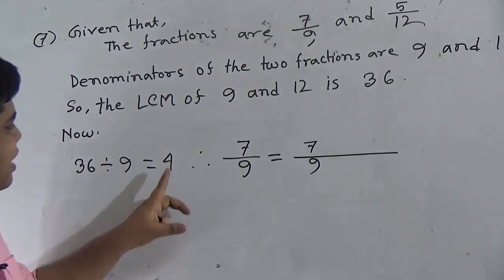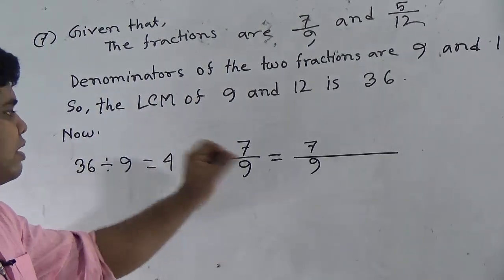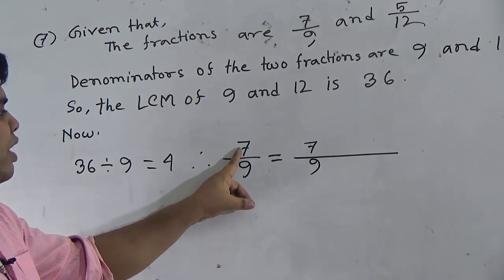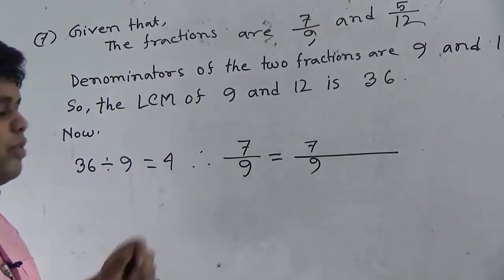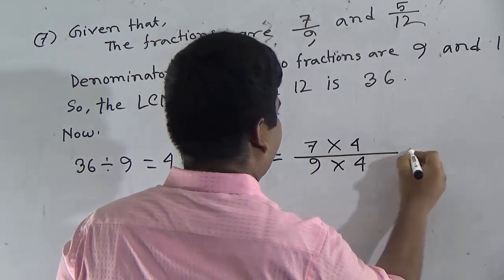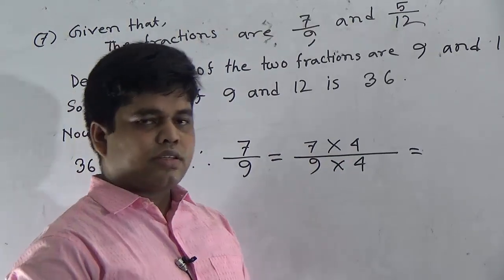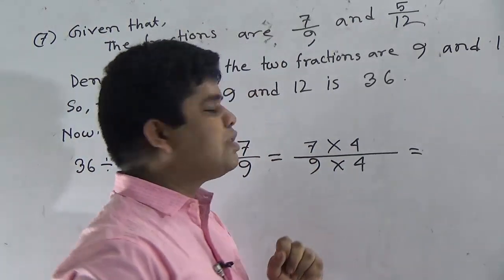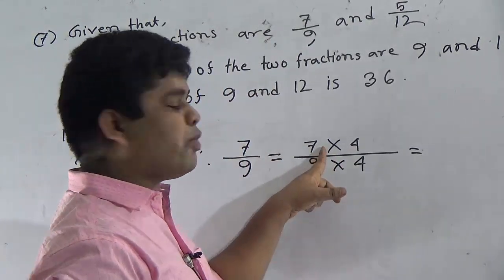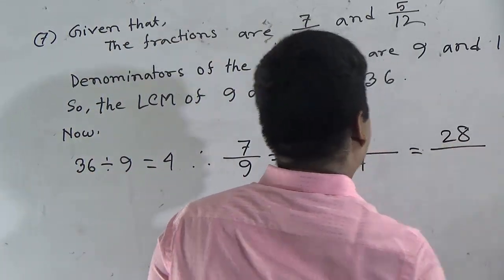Then we multiply this 4 with the numerator and denominator. I repeat, we multiply this numerator and this denominator with 4. So 7 times 4 and 9 times 4. 7 ones are 7, 7 twos are 14, 7 threes are 21 and 7 fours are 28. So we get 28.